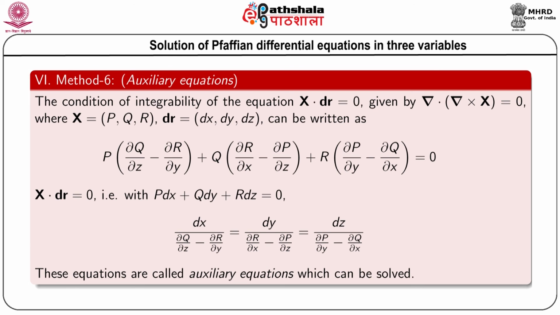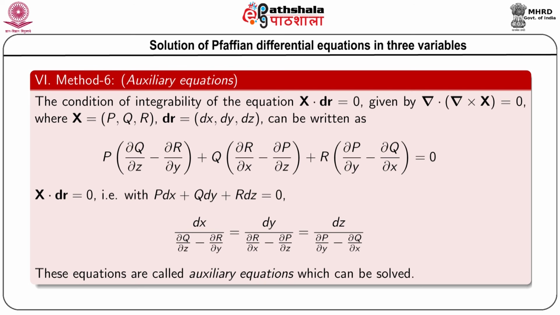Now, X dot dr equals to 0 gives the equation p dx plus q dy plus r dz equals to 0. So, if we compare these two equations, then dx, dy, dz must be proportional to (del q del z minus del r del y), (del r del x minus del p del z), (del p del y minus del q del x) respectively, and this equation is called the auxiliary equation.